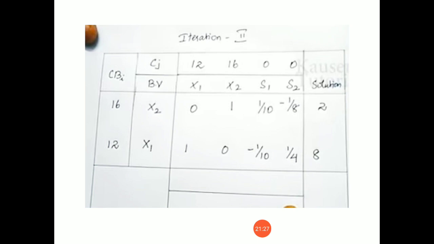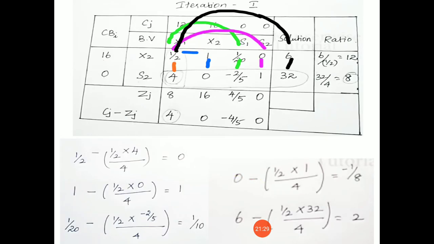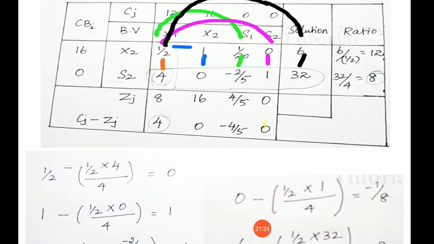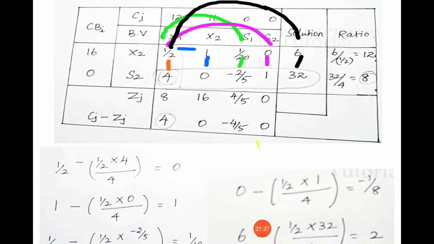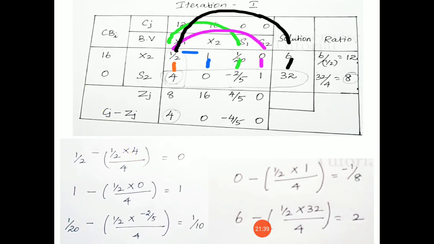Similarly for finding the third element of x2 row, same formula, that is old value. Here the old value, as can be seen from the iteration 1 table, is 1 by 20. So 1 by 20 minus, I have used green lines to represent corresponding key column value and corresponding key row value.